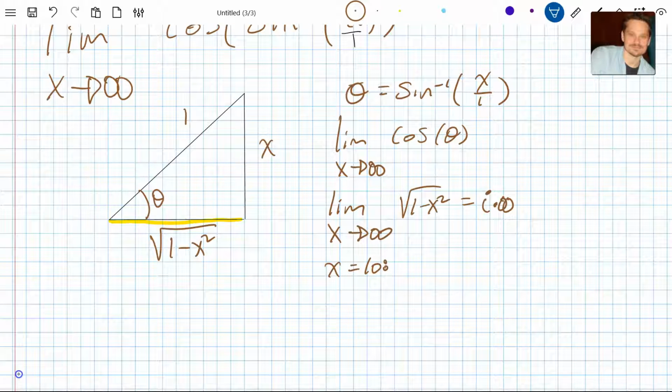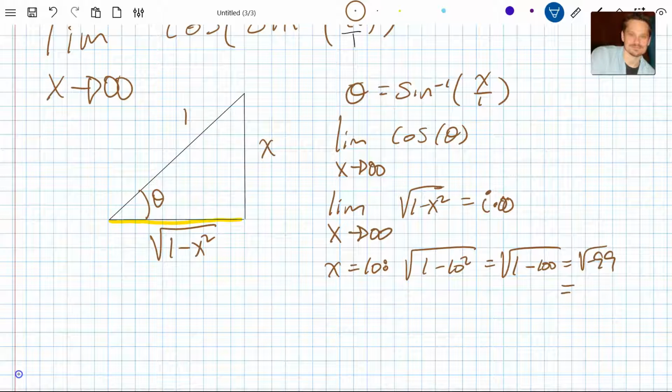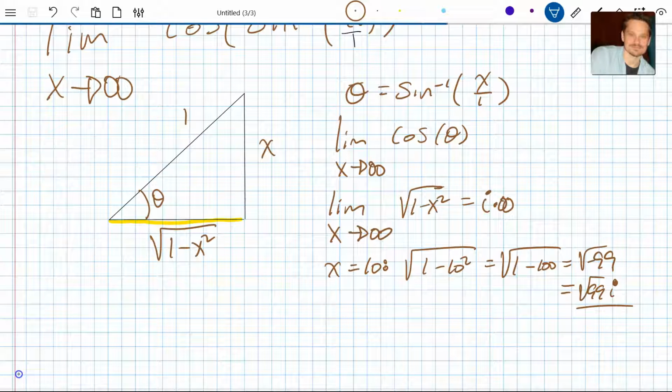Then if you plug that into this expression, you would have the square root of 1 minus 10 squared, which would be 1 minus 100, which is the square root of negative 99. Because there's a negative under the root, it becomes the root of 99 times i. That's almost like the square root of 100, which is 10, but a little bit less than 10, say 9.5 or something like that, times i.